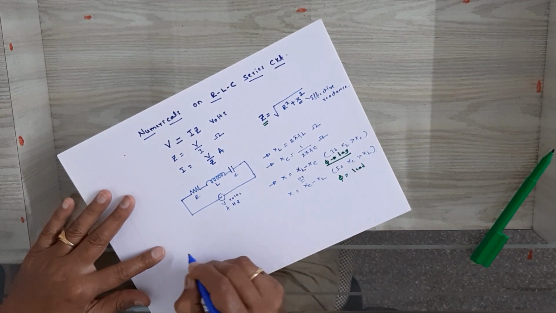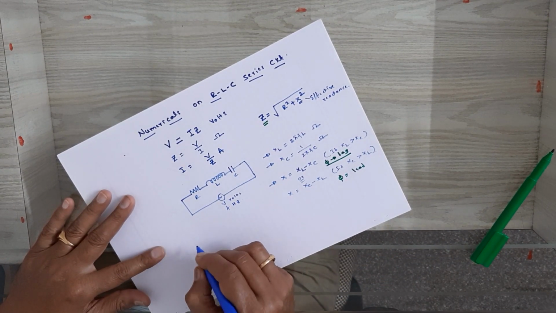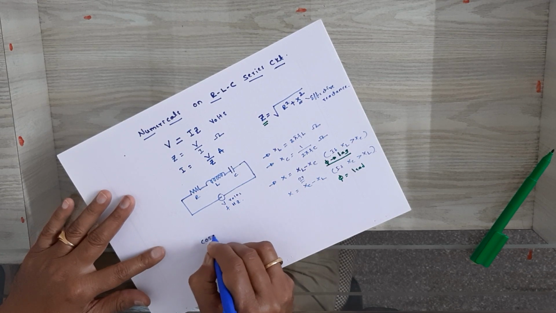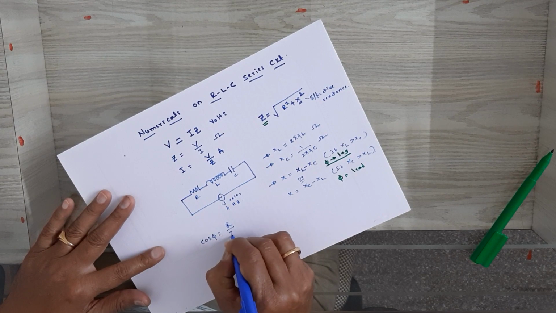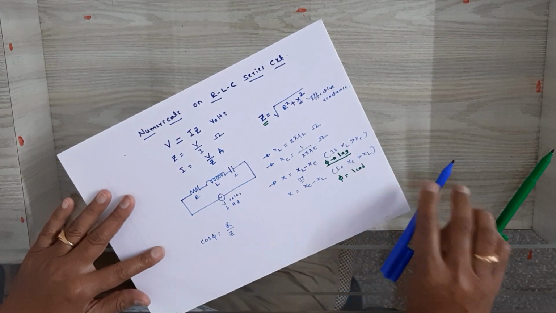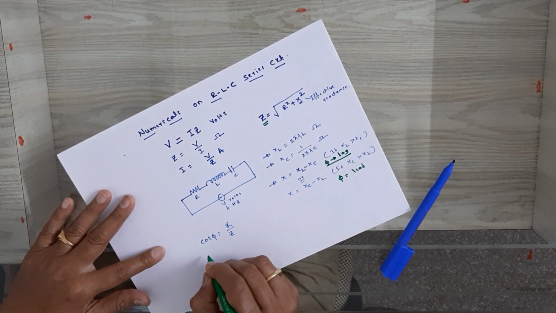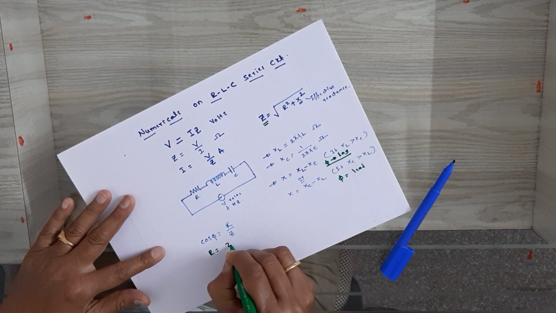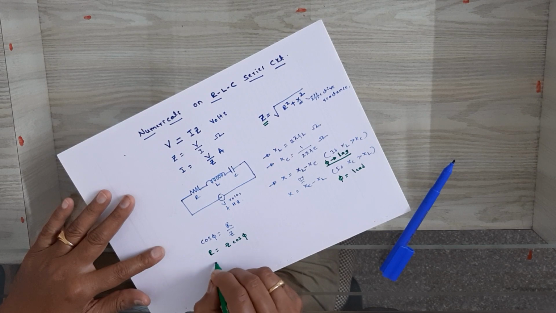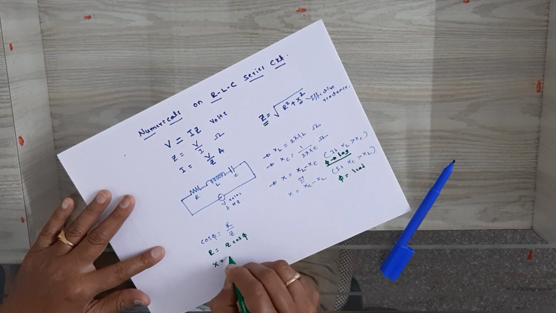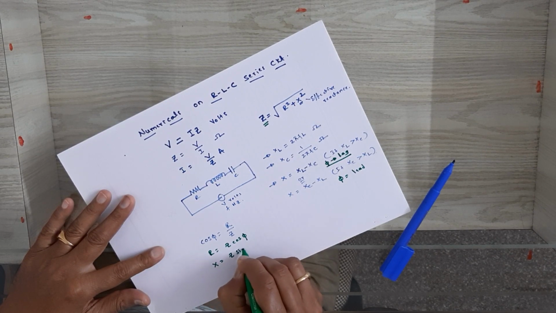That is, cos phi is once again R by Z, or R is equal to Z cos phi, and X is equal to Z sin phi.